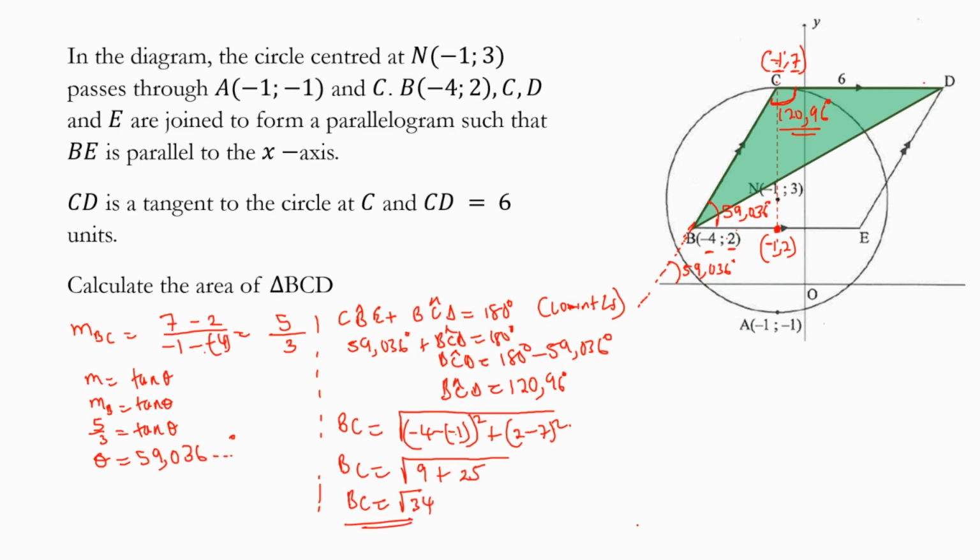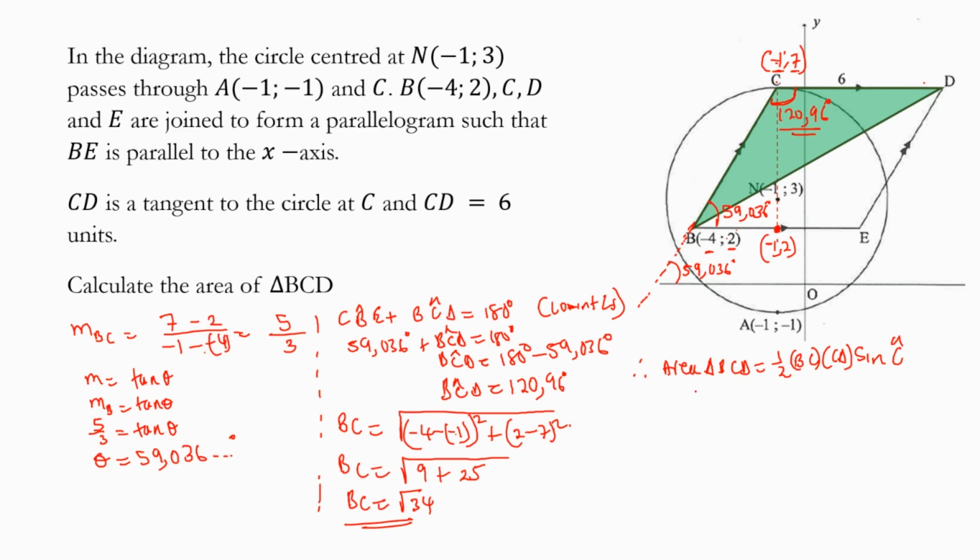Now we have our BC and our CD and the included angle. We can use our area rule. So the area of triangle BCD is equal to half times BC times CD times sine C, which is angle BCD.